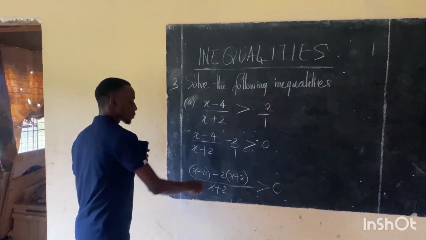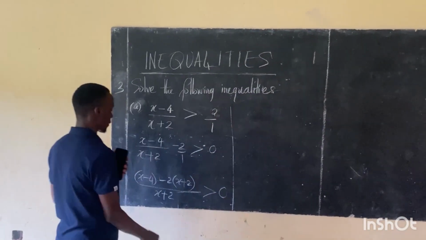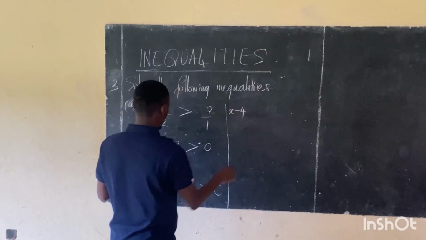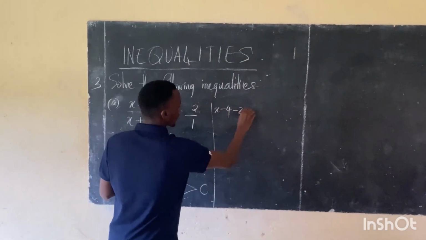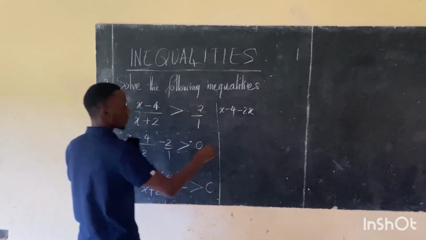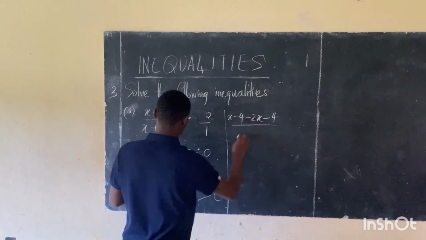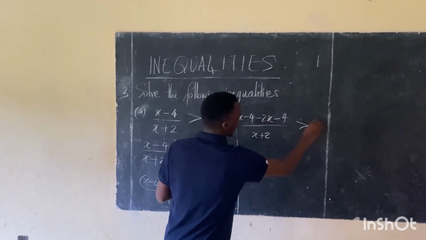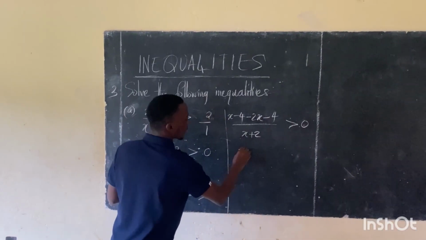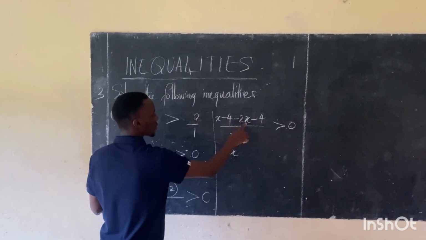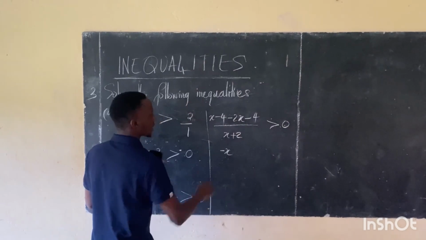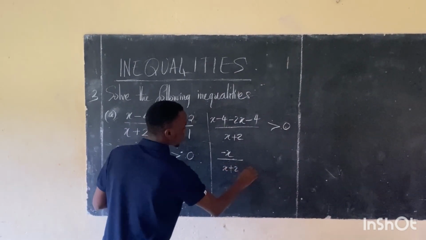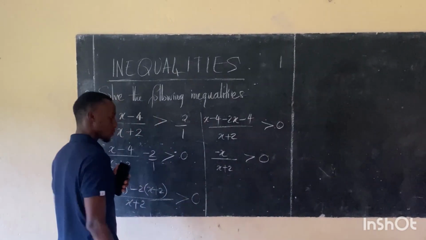After this, we shall simplify our numerator. This will give us (x - 4 - 2x - 4) all over (x + 2) greater than 0. Finally, this will give us -x over (x + 2) greater than 0.